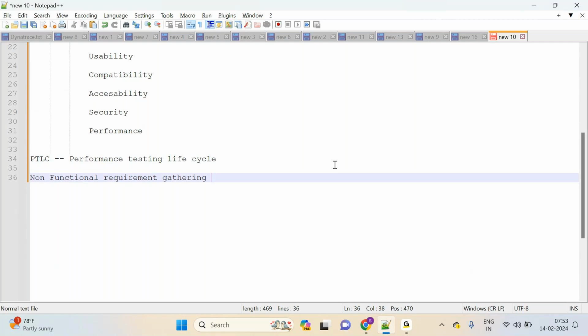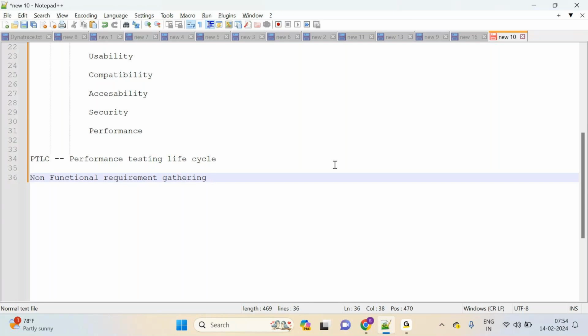But since performance testing is a non-functional testing, that is the reason we specifically mention collecting the non-functional requirements. That is what we mentioned here.